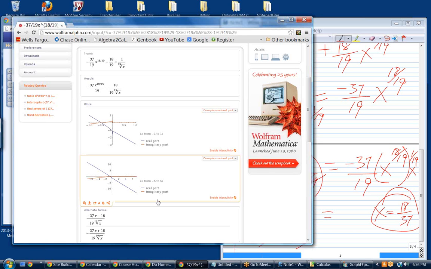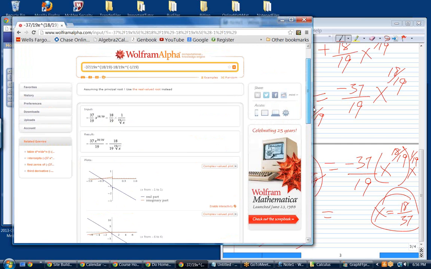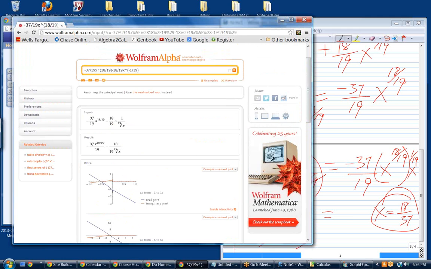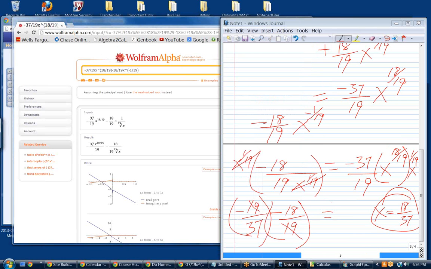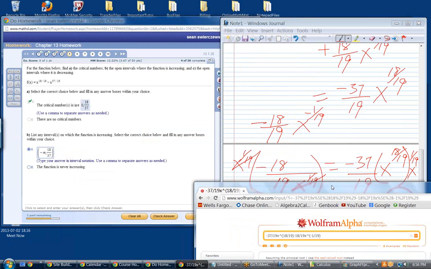I don't know. That's a weird looking graph. Well, what's weird about it is it doesn't match our 0 for the function. In other words, when we solved for x, the 0 of the derivative, we came up with 18/37. That was correct, wasn't it? Yeah.